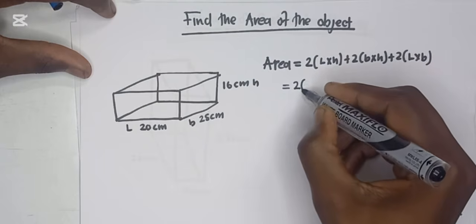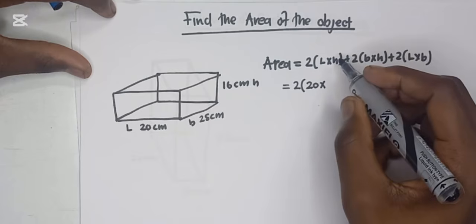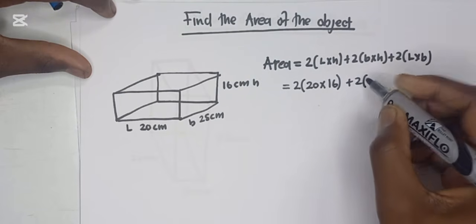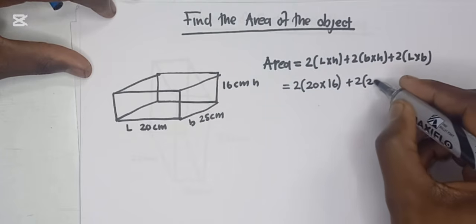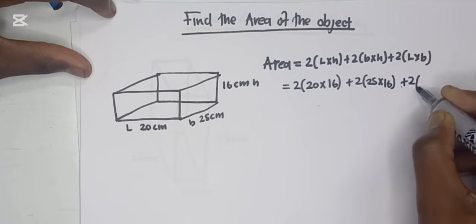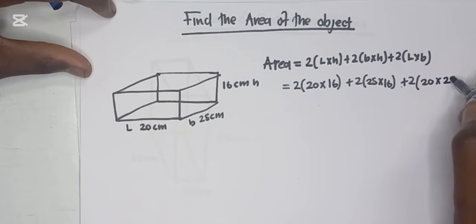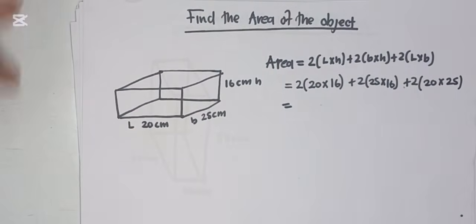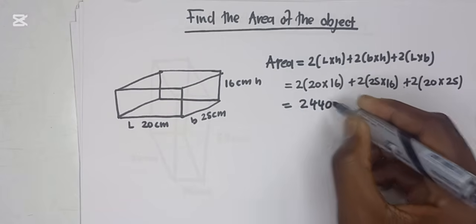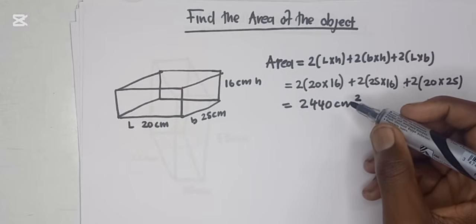So it's going to be 2 times our length, which is 20, multiplied by a height, which is 16, plus 2 times our breadth, which is 25, multiplied by our height, which is 16, plus 2 times our length, 20, multiplied by breadth, 25. If you work this out in a calculator, you're going to get 2440 centimeter squared as the total surface area of the rectangular prism.